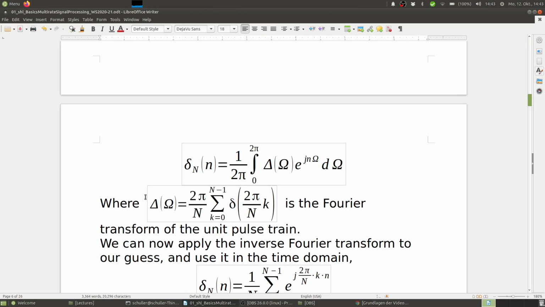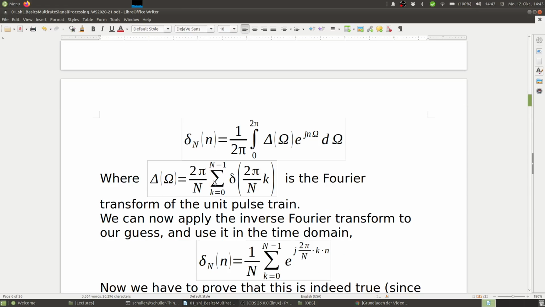Yeah, and here is our guess for our spectrum. So here we can see the harmonics that we expect in the frequency domain. We just assume each has the same strength, easy enough. We just say we have very strong harmonics, and then we have some factor in front of it, and it turns out later that this is a good factor, right?